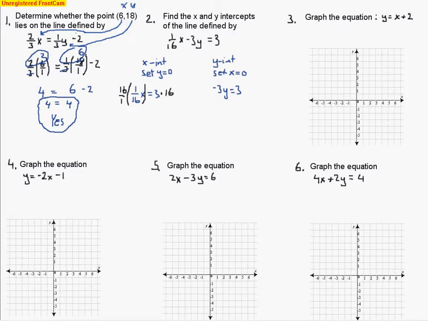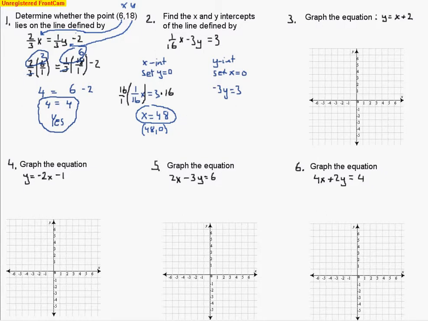Once I do that, I've still got x on the left-hand side, but now it equals 48. That would be your answer. It'll say x-intercept down below, and you just write the number 48. You could also write it as the ordered pair (48, 0). Either way, I'll take the answer.